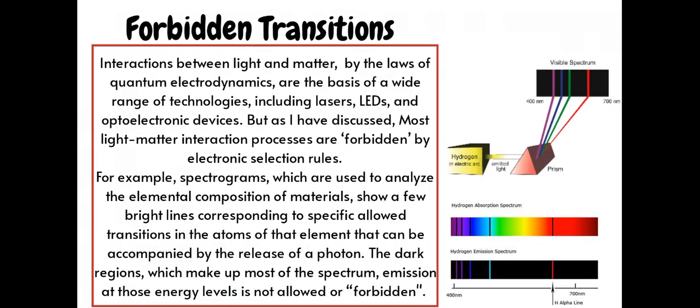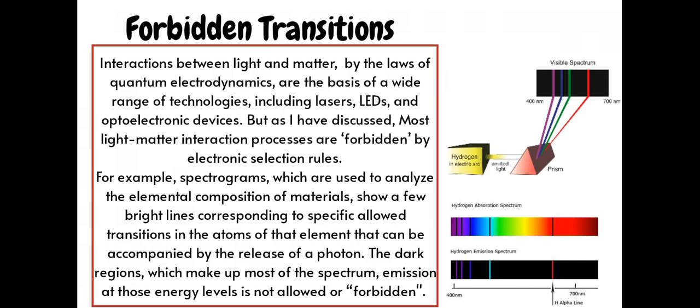Forbidden transitions. Interaction between light and matter, governed by the laws of quantum electrodynamics, is the basis of a wide range of technologies including lasers, LEDs and optoelectronic devices. But as I have discussed, most light-matter interaction processes are forbidden by electronic selection rules.